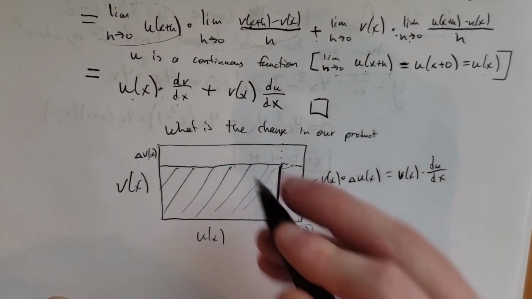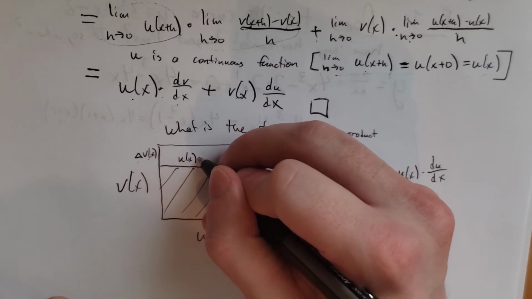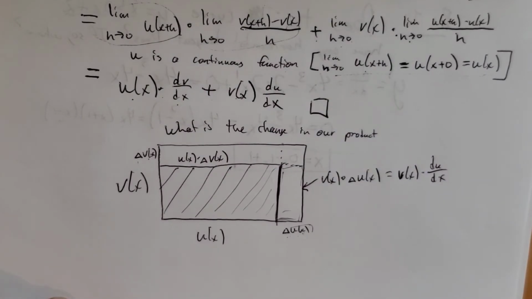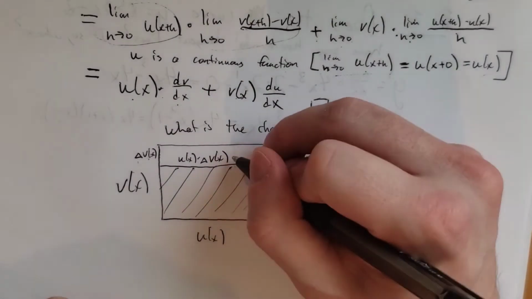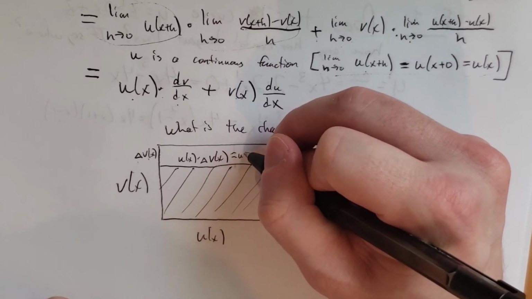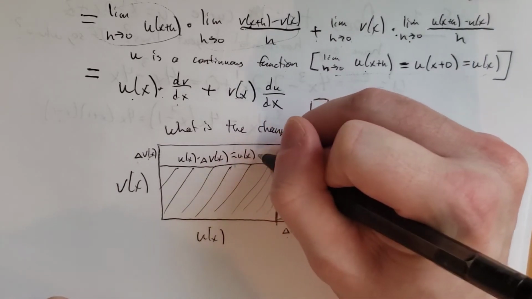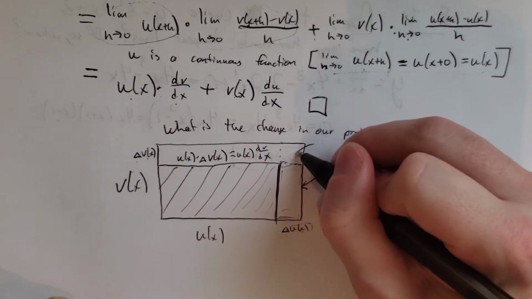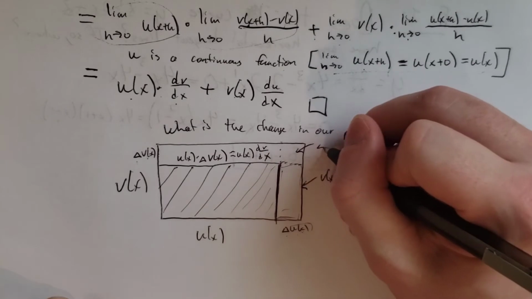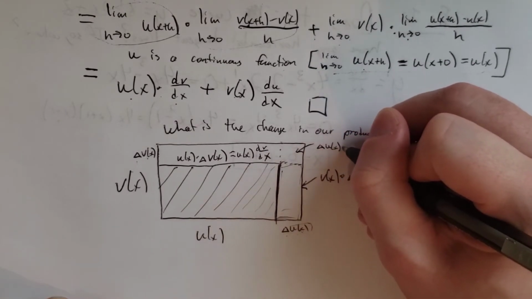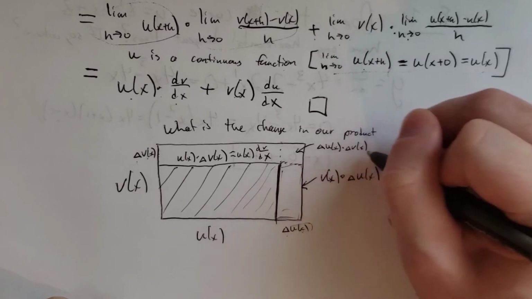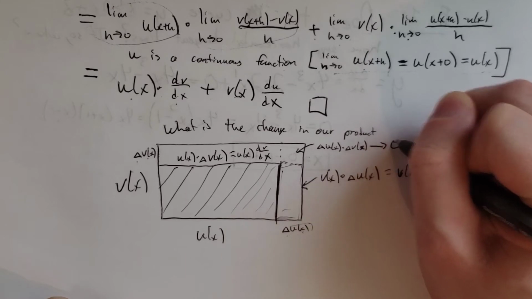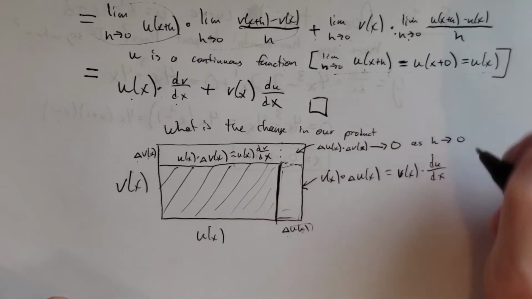Similarly, up here, this is going to be u of x times the change in v of x. Which, what is that? That is essentially u of x times the derivative of v. And what is this region here? Well, here we get a change in u of x times the change in v of x, but these are two numbers that are approaching 0, so this goes to 0 as h goes to 0.